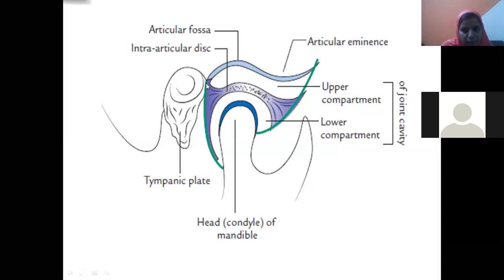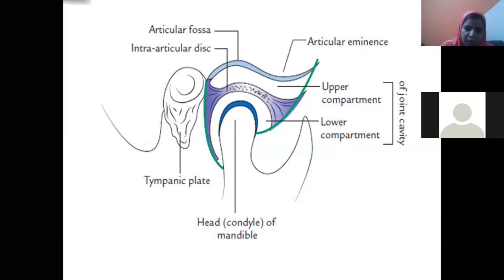Now see here. This is the concavo-convex superior mandibular fossa, and this is the head of the mandible. The margins of all these, throughout all around, give attachment to the fibrous capsule. The fibrous capsule is attached to the head and also the neck of the mandible. Superiorly, it is attached to the margins of the mandibular fossa in the temporal bone.